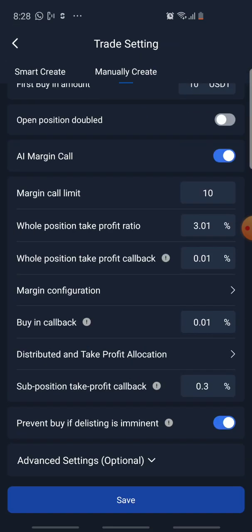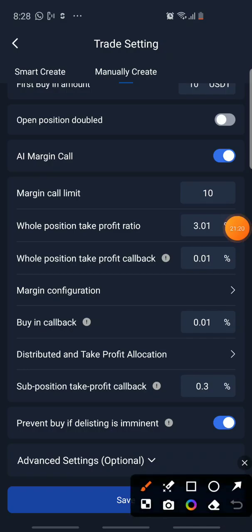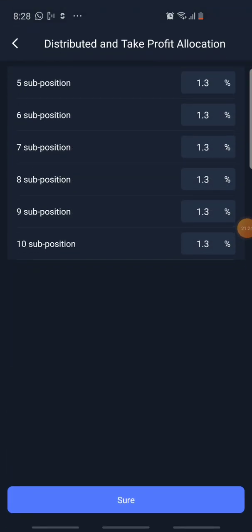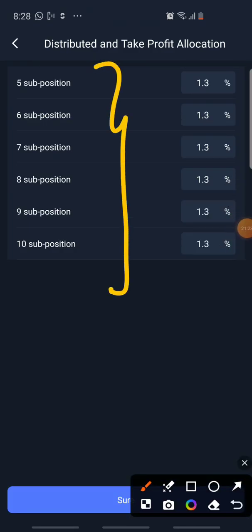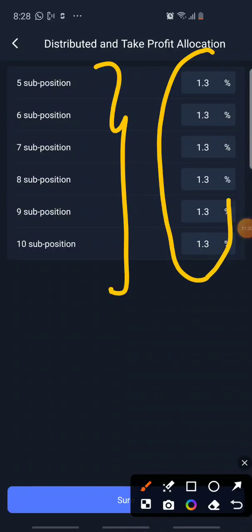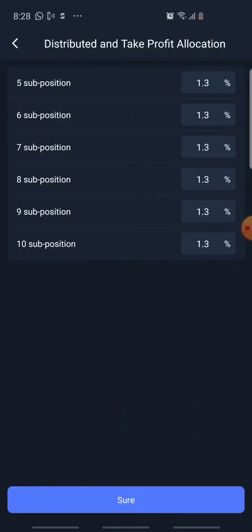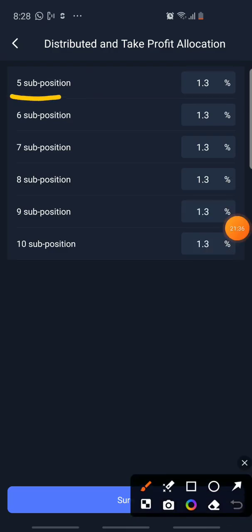Now when I go to distributed take profit allocation, you find that I will have sub positions from 5 up to 10, where I can set their own percentage take profits. It means that if position 5 has been bought, and the market rises to 1.3%, the robot will sell. It won't wait for the other ones to come out. The robot will sell and get me profits for that sub position.